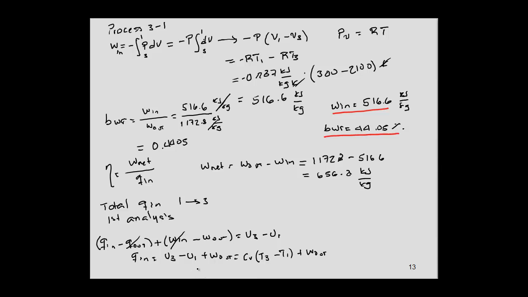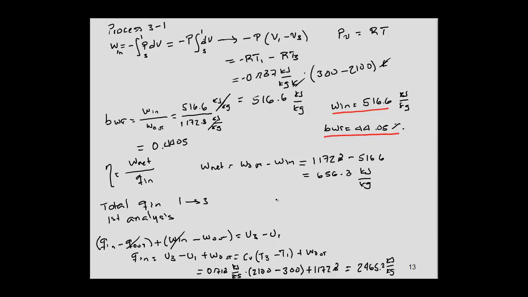If we substitute, Cv is 0.718 kilojoules per kilogram Kelvin times (2100 minus 300) plus the work out that we already computed, which is 1172.8. This Q in total will be 2465.2 kilojoules per kilogram.